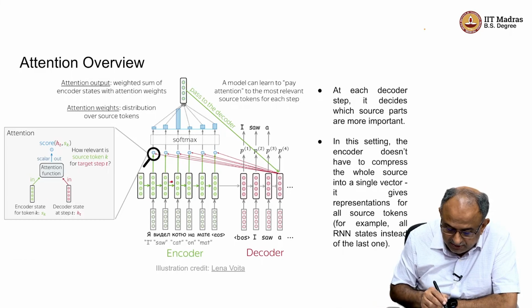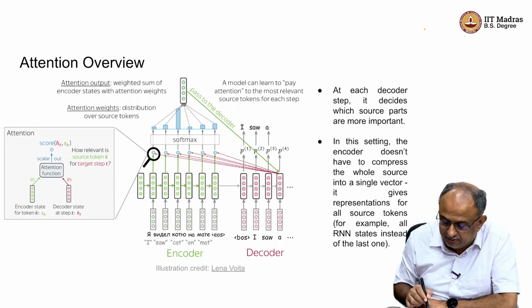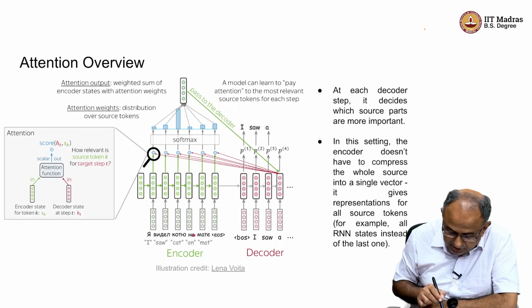We are basically having hidden states coming out of the encoder, and this is a decoder. Let us take the machine translation problem. This will be the English sentence, and so I will get English words that will be converted to embeddings.